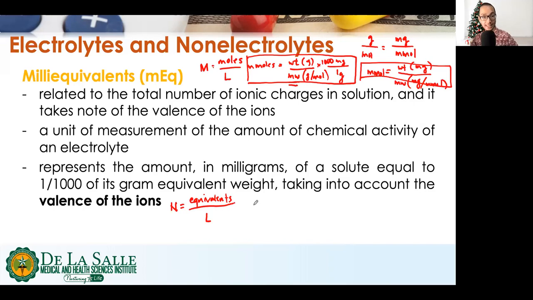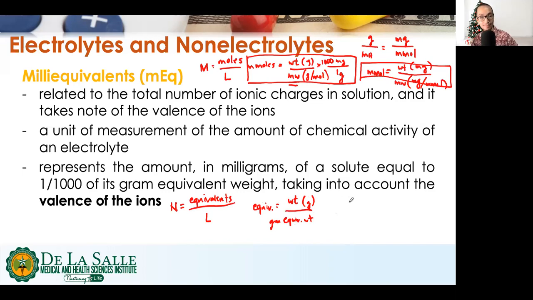Now, I defined last time what the number of equivalents is. The number of equivalents is equal to the weight of the substance in grams divided by the equivalent weight of the substance, what we call the gram equivalent weight of the substance.